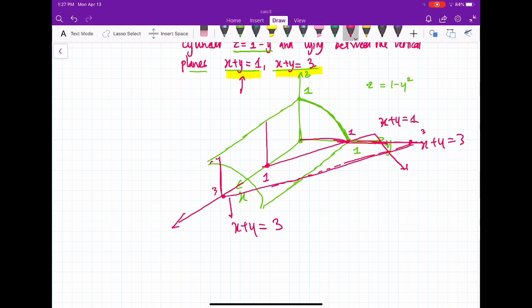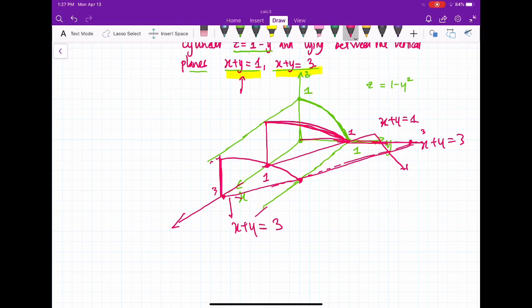So basically our solid region looks like this, with the cut in here. Sorry, so I have to erase this. Okay, and in here I have a cut like this.